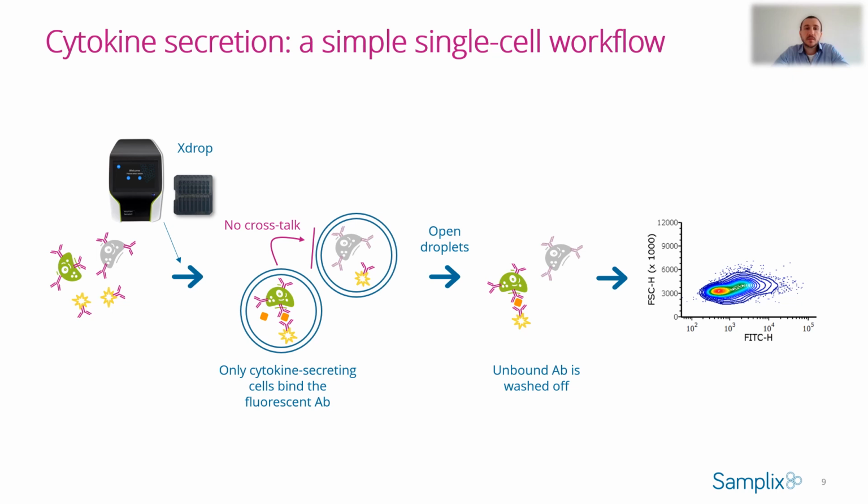And the smart thing about that is that you will really have single cell resolution, because there will not be any crosstalk between the cells. So a cytokine produced by one cell will not be bound by capture antibodies linked to other cells.